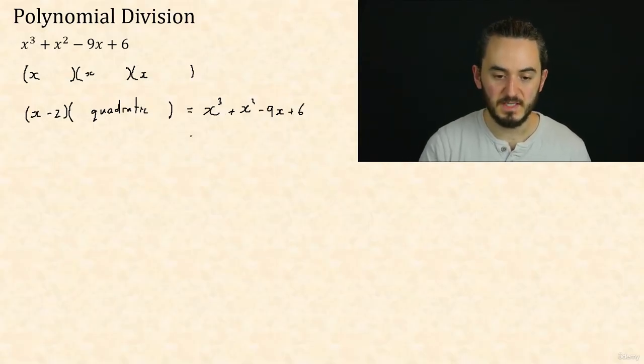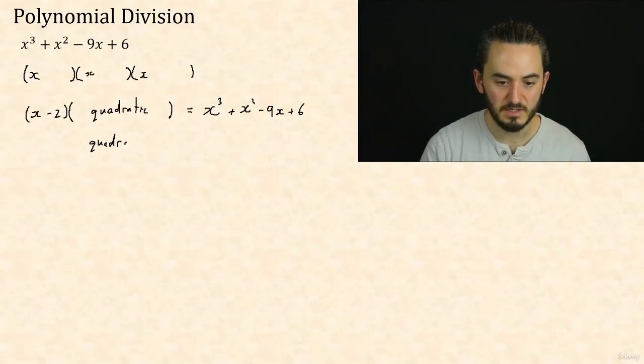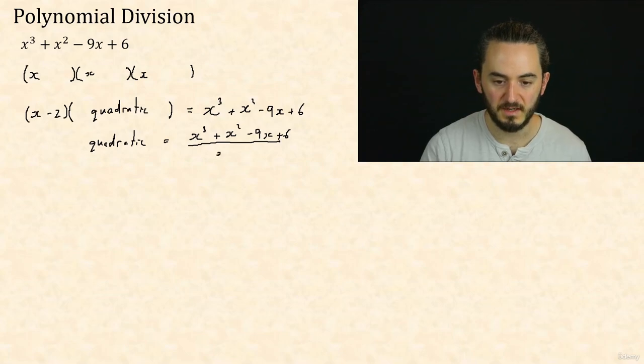Now, the reason why this is called polynomial division is that if I want to know what this quadratic is, I can, of course, rearrange this so that the quadratic is equal to x cubed plus x squared minus 9x plus 6, all divided by x minus 2.